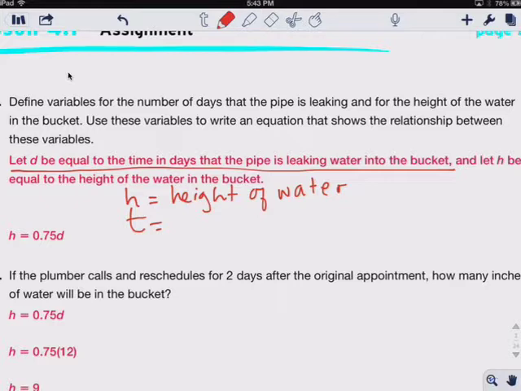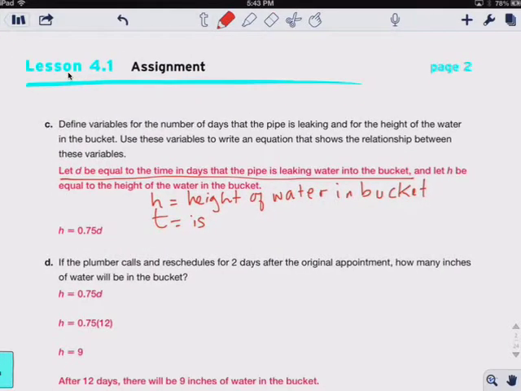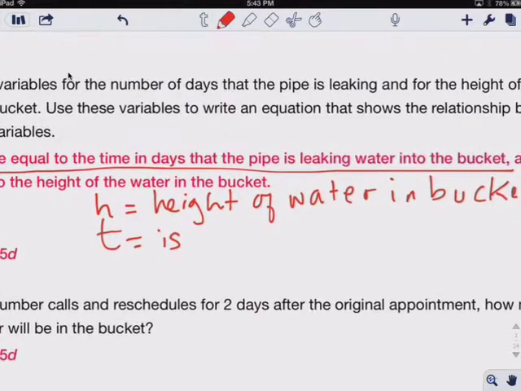So height of water in bucket is H. And let H be equal to the height of water in the bucket. T is the time in days.